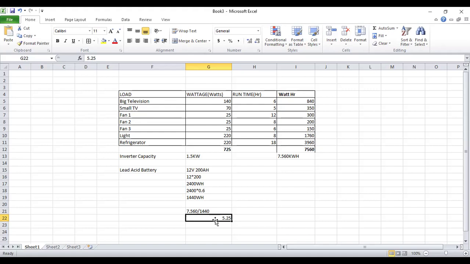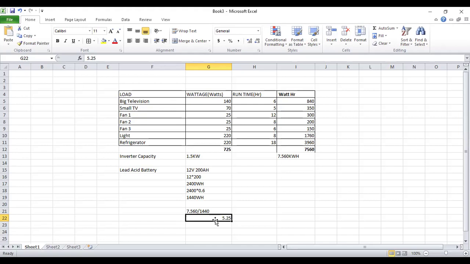Assuming we are talking of a 1.5 kilowatt system, if we go for a 12 volt inverter system, we will be handling twice the amount of current than when we are handling a 24 volt system. Those are some of the things you need to be looking at.